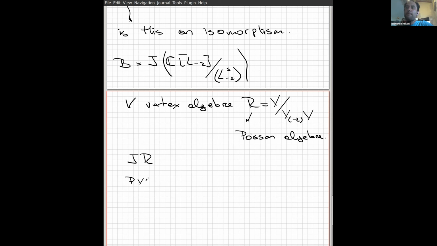So this is a PVA. So that's a free algebra generated by the C2 quotient. And the other one is the associated gradient with respect to the standard filtration of V, which is called the Li filtration. So that's a classical limit of V. This is also generated by R as a differential algebra, but this may not be freely generated. So this always you have this surjection, and the question is it an isomorphism or not?